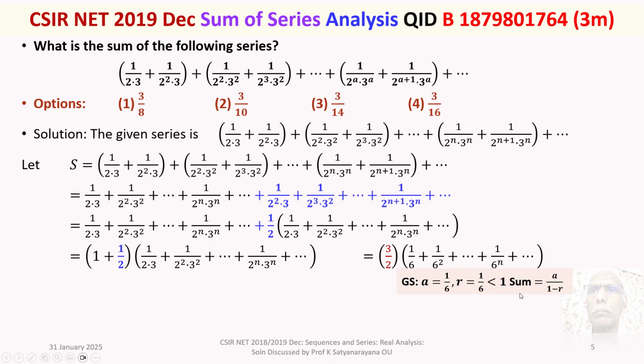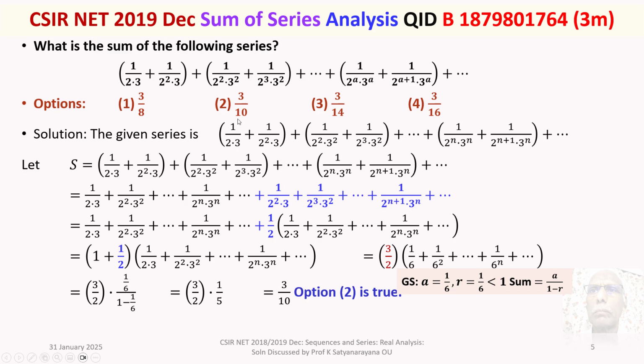Therefore, the sum of the series up to infinity is a by 1 minus r because the common ratio is less than 1. This is equal to 3 by 2 into 1 by 6 by 1 minus 1 by 6. After simplification, 3 by 2 multiplied by 1 by 5, that is 3 by 10.